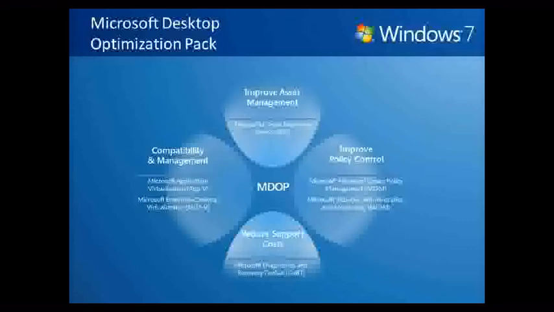So if we start at the top with asset management, maybe you're on XP, maybe you're on Vista, or maybe you're on Windows 7, and the first thing is I need to know what's out there. I need to know what applications are installed, and who's licensed and how we stand.